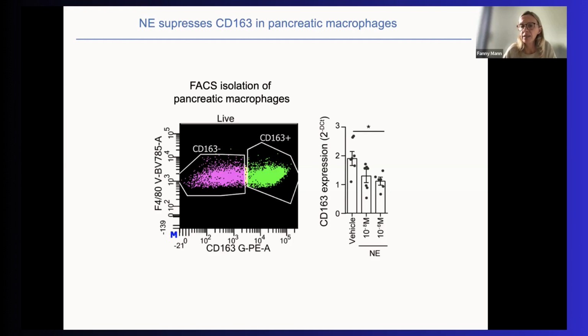And we found indeed that norepinephrine was able to decrease the expression of CD163 in pancreatic macrophages when it was used at high concentration. So this suggests that maybe the sprouting of sympathetic axons might allow to induce high local release of norepinephrine that might contribute to limit the number of these macrophages in pancreatic lesions.